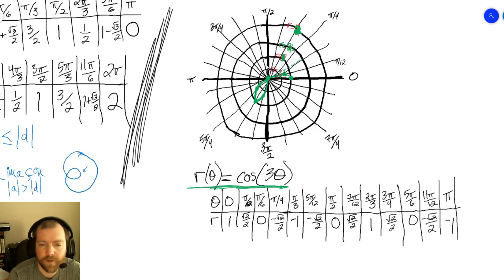All right, 7 pi over 12, we get root 2 over 2. At 2 pi over 3, we get 1. And by the time we reach 5 pi over 6, we need to be back to 0 again.